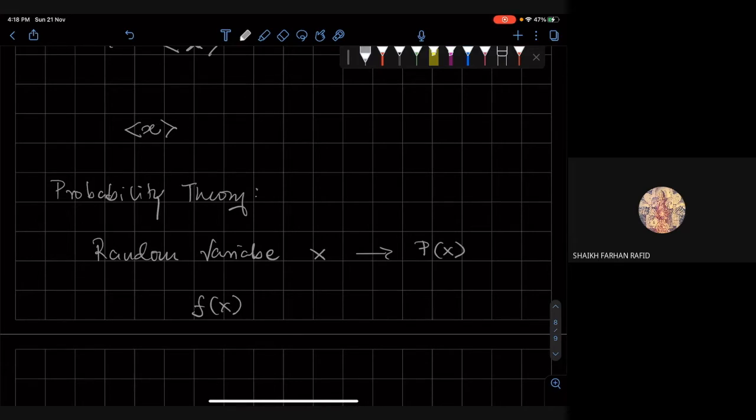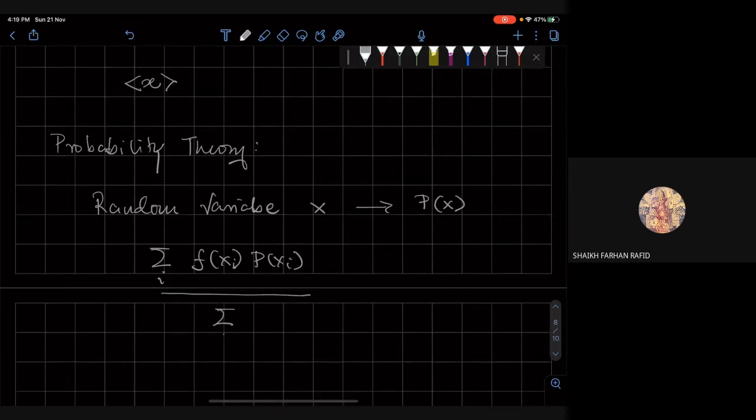So the expectation value of some function of the random variable will be given by f of xi, p of xi. Xi are the possible values. I do a sum over all the xi divided by this thing, right? So this is what I called the expectation value of the function of the random variable x. Okay, so this is what we call an average. Are you familiar with this definition of average? Yes, sir. Okay.